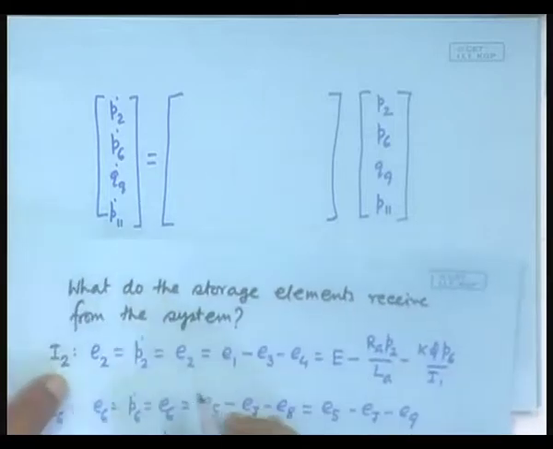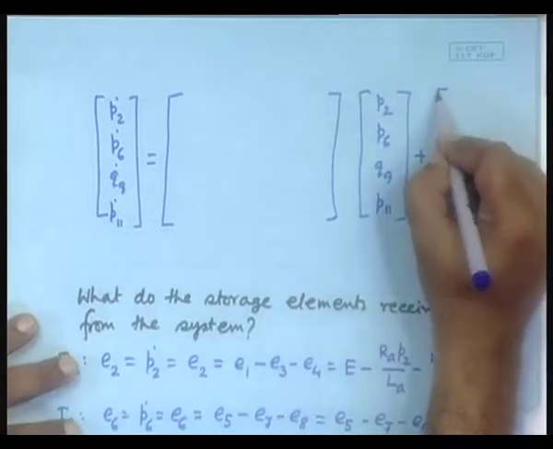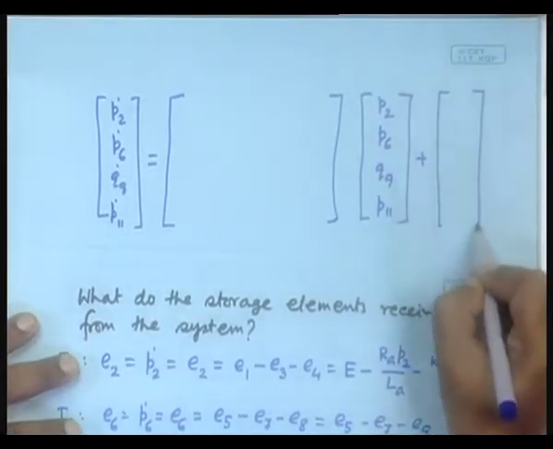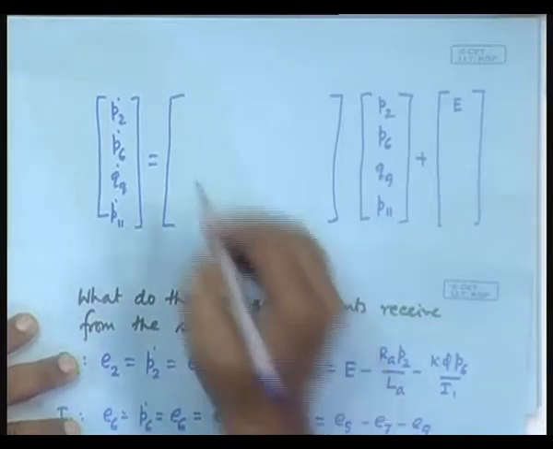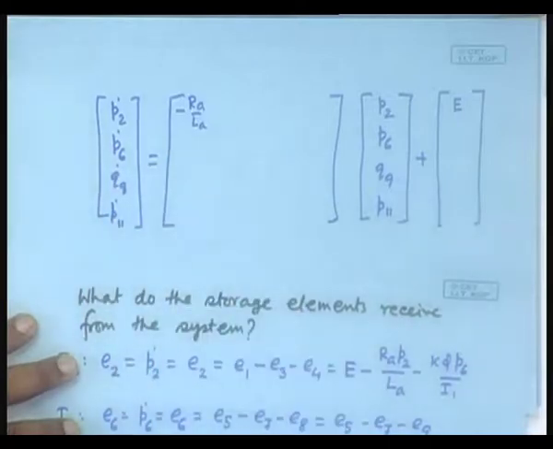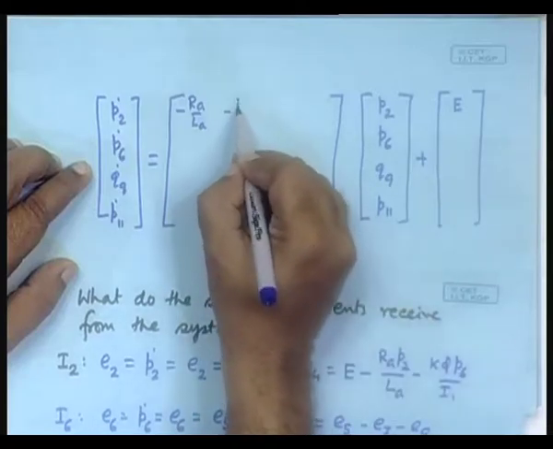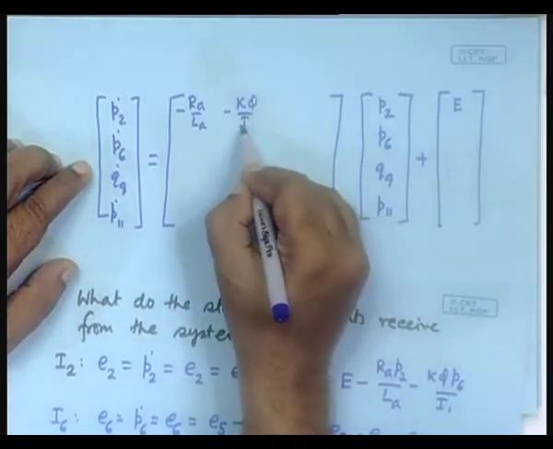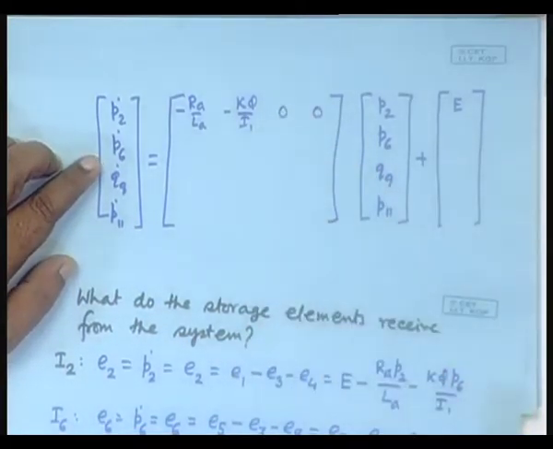For example, in the first equation it is plus the things that are the external input. So, this will be E, and this is related to minus R A by L A, minus R A by L A, okay, the first one. Next one is minus K phi by I 1 times P 6, and these two are 0, 0. Fine.